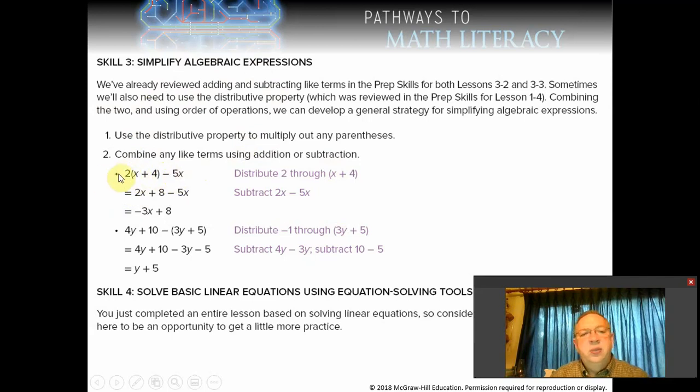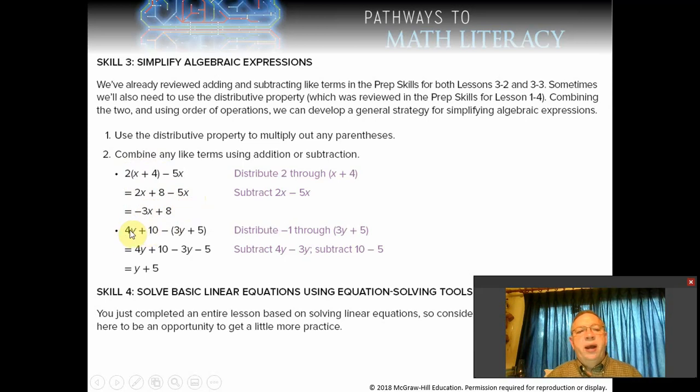To simplify this, we need to expand the expression and distribute the 2 over the expression inside the parentheses. So 2 times x, plus 2 times plus 4 is plus 8, minus 5x. Then we can group: 2x minus 5x is minus 3x plus 8.